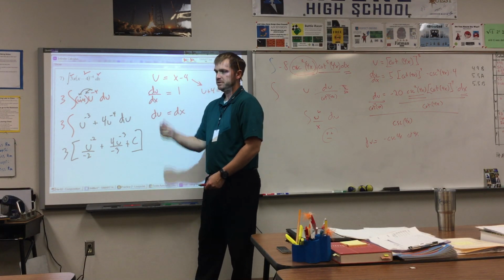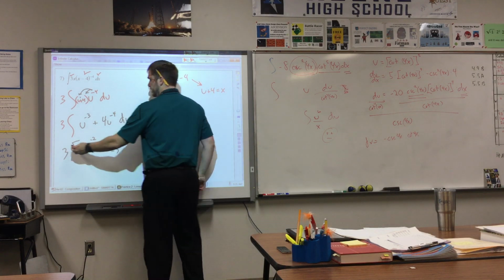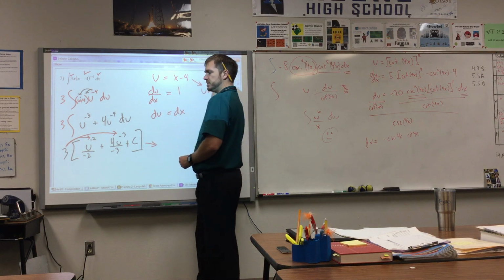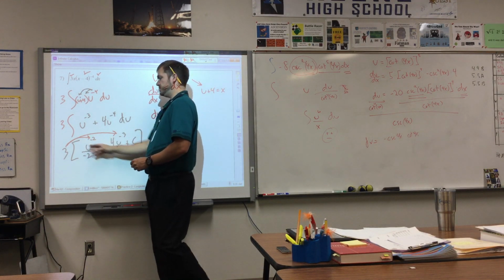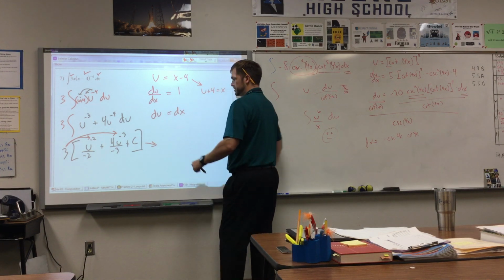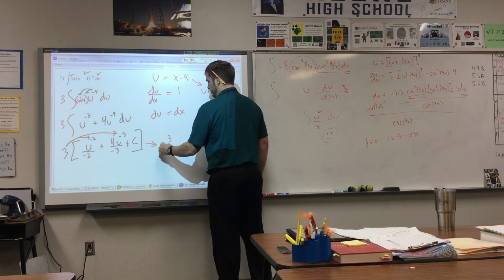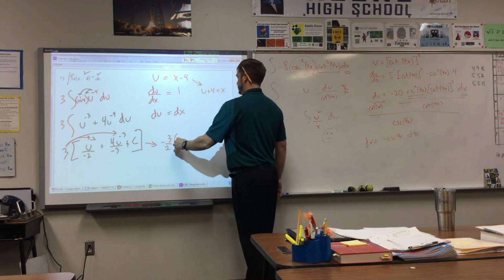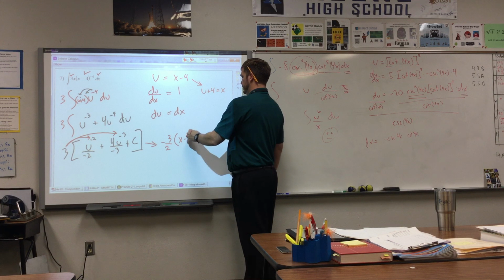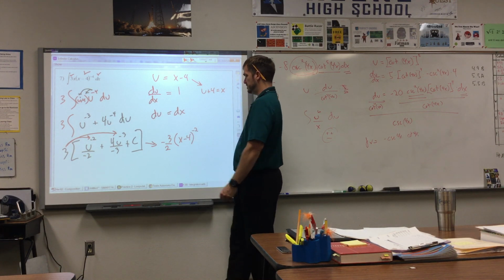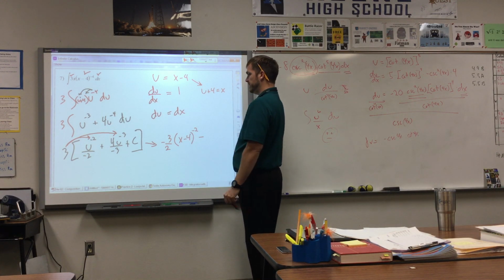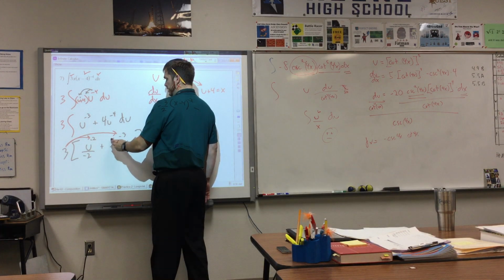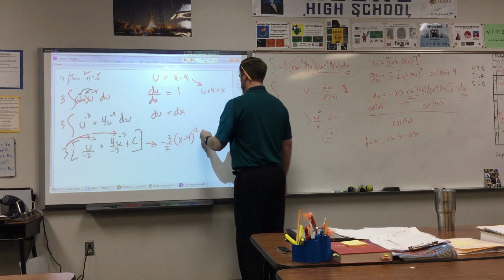See, it always gets faster. Second time, third time. So now we'll just go ahead and distribute that 3. At the same time, we will rearrange these fractions and do substitution all in one shot. So here you go. I'm going to write that as negative 3 halves times (x minus 4) to the negative 2, minus, now this 3 will cancel out that 3, and so all I have is 4 in the numerator.